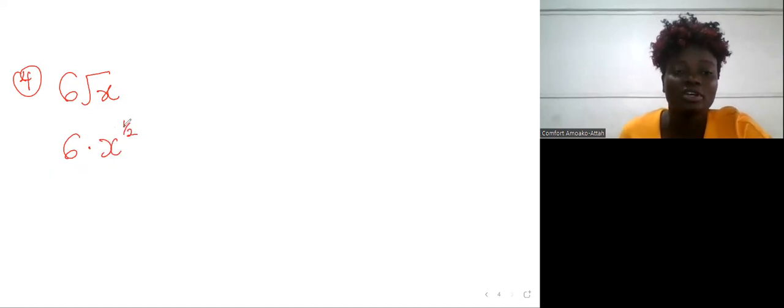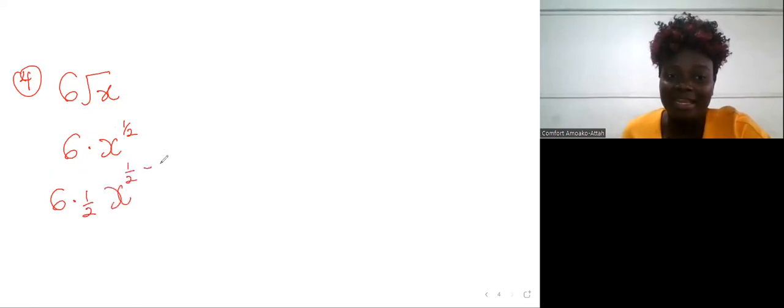It means you're multiplying the power by the coefficient of x. This will give us 6 times half x exponent half minus 1. Simplifying this, you're going to get 3x exponent negative half.